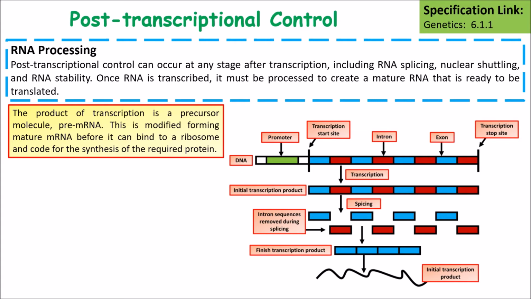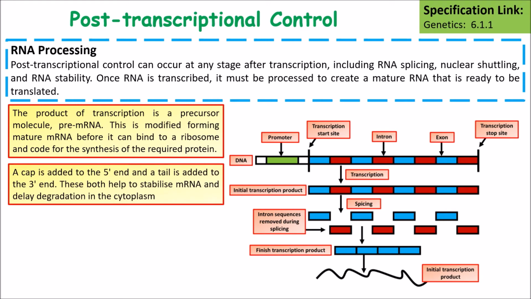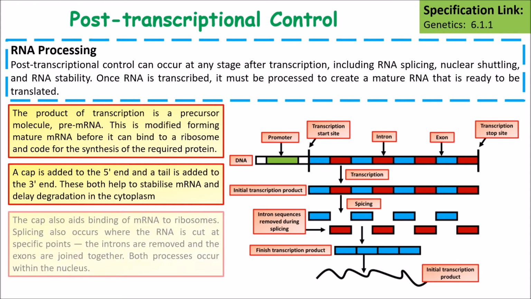This is modified, forming mature messenger RNA that can bind to a ribosome and code for the synthesis of a required protein. A cap is added to the 5' end and a tail is added to the 3' end. These both help stabilize the messenger RNA and delay degradation in the cytoplasm. The cap also aids binding of messenger RNA to ribosomes.